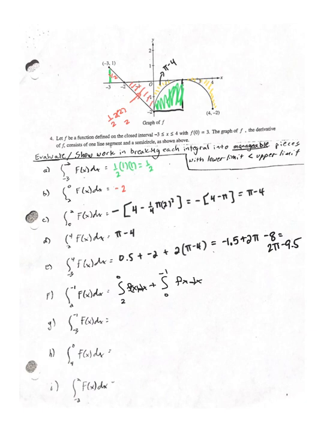So from 2 to 0 will be the opposite of pi minus 4. And then from 0 to -1, I have this trapezoid. So base 1 is 1, base 2 is 2.